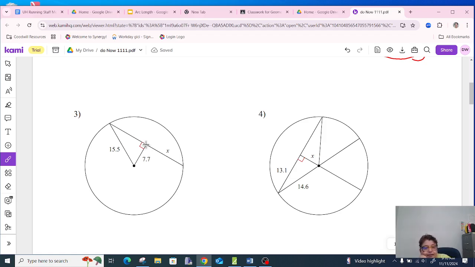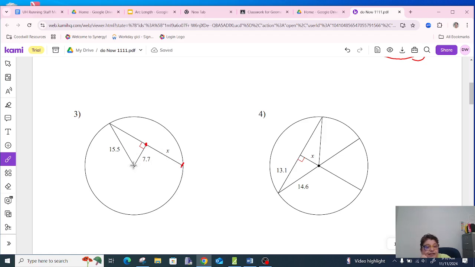Nope. This x is from here to here this time. And x is not a radius. Does everybody agree that x is not a radius? It is from this point over to here.